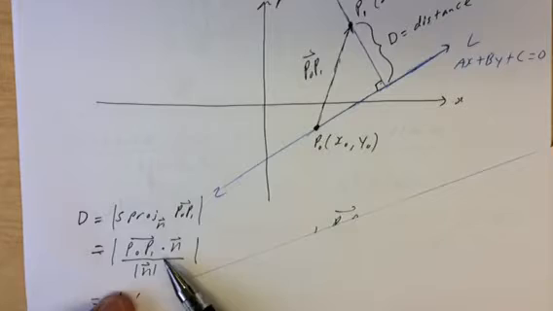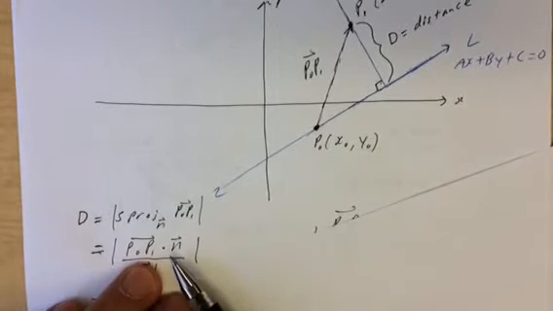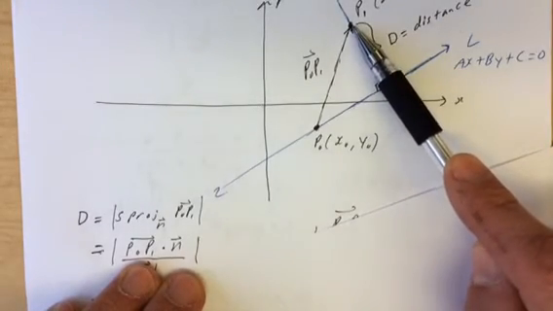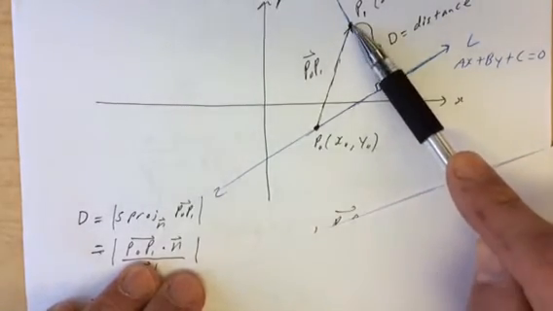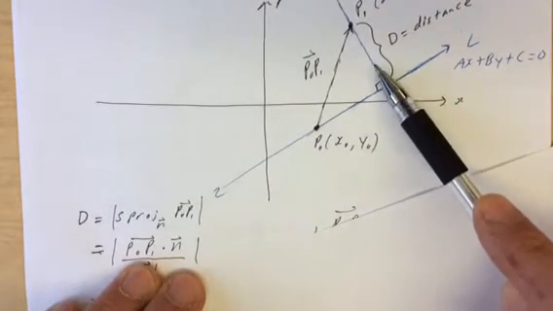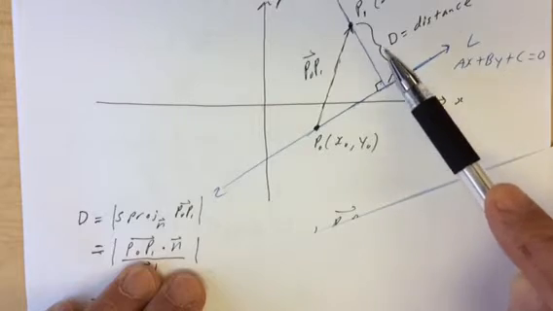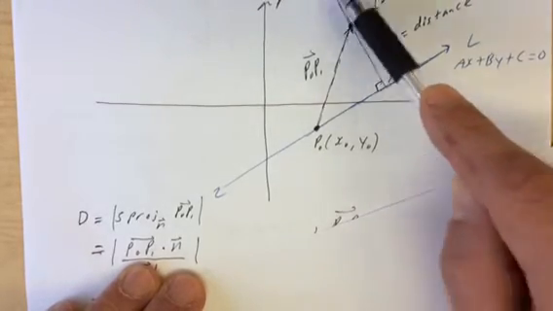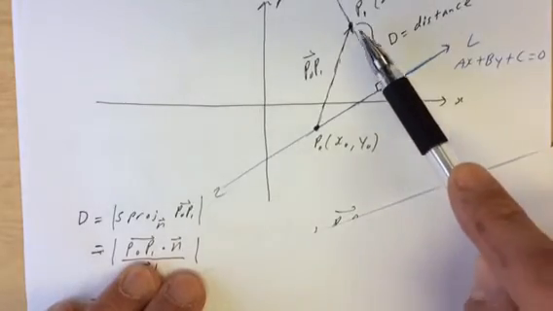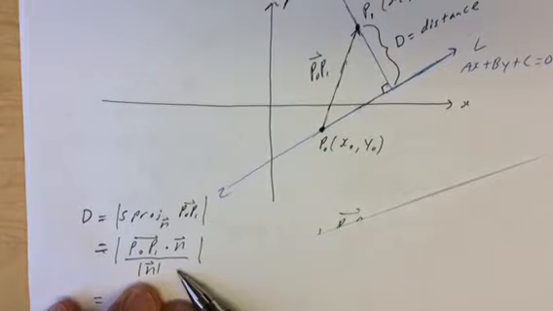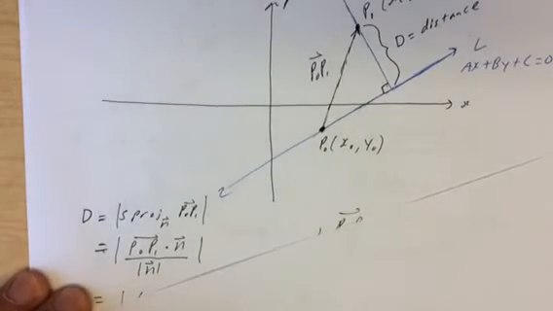This makes sense because the dot product of P0P1 with n is the length of P0P1 in the direction of n times the length of n. If you divide that by the length of n, you get the projection back. So dividing by the magnitude of n gets you the projection.